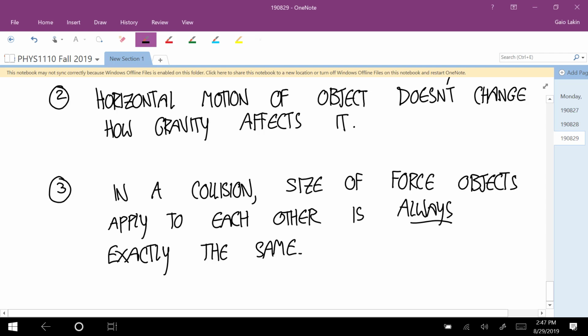Okay, so let's think of a couple of examples where this seems impossible.